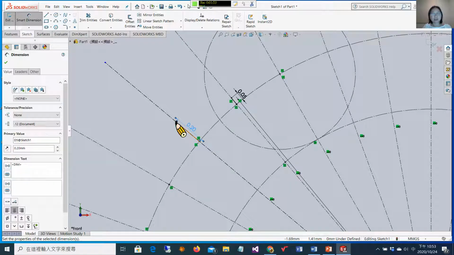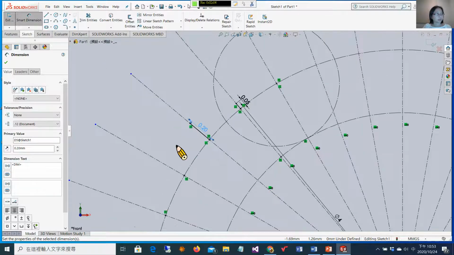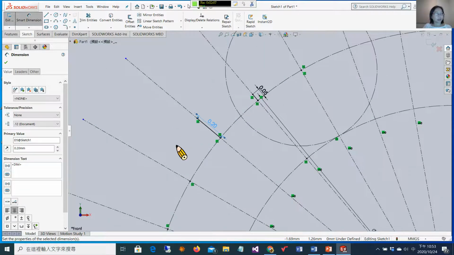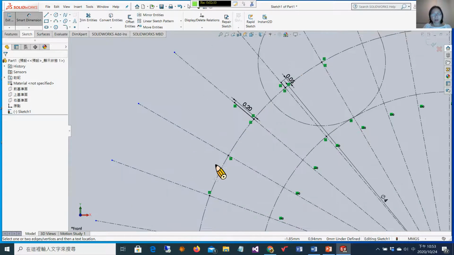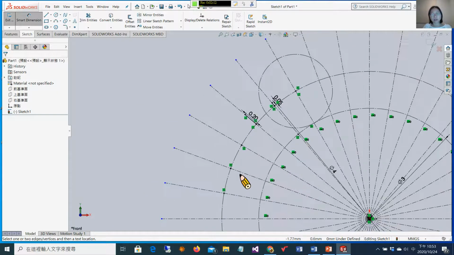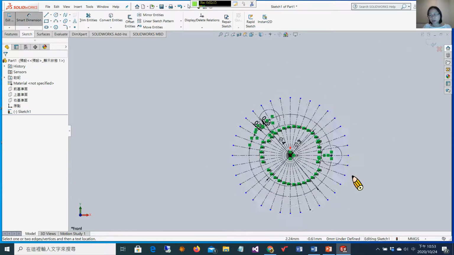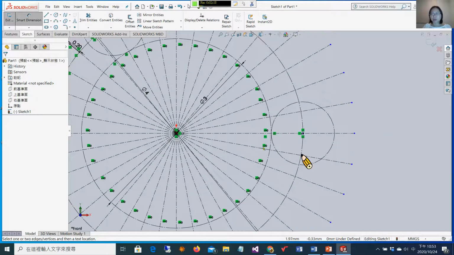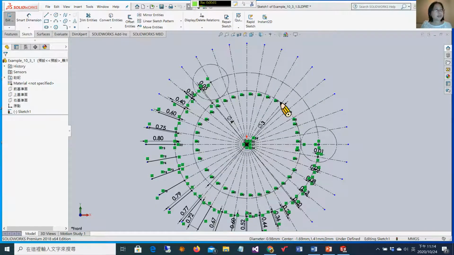This is the center of follower position at cam angle 114 degrees. We continue to do that: 115 degrees, 116 degrees, until 315 degrees. All the line segments are plotted like this. Their lengths are the same as the lift amounts given in the table.